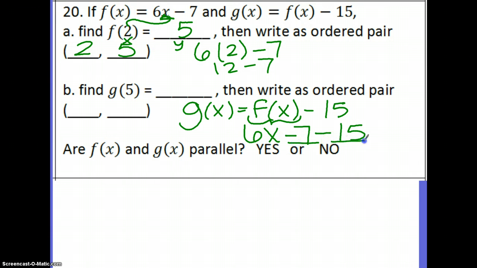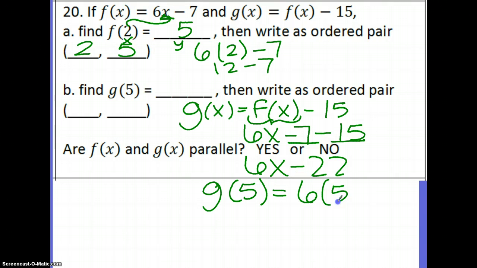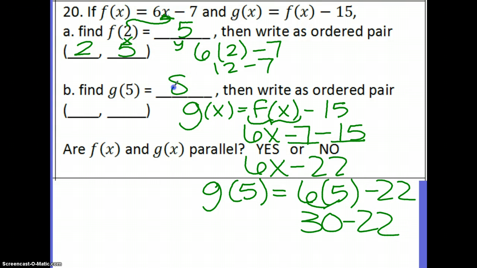I could combine these, so it's 6x minus 22. Now, it's really not as bad finding g of 5 because now I can plug in the 5 for the g equation. 6 times 5 makes 30, minus 22 makes 8. So it's going to be (5, 8) for the ordered pair.